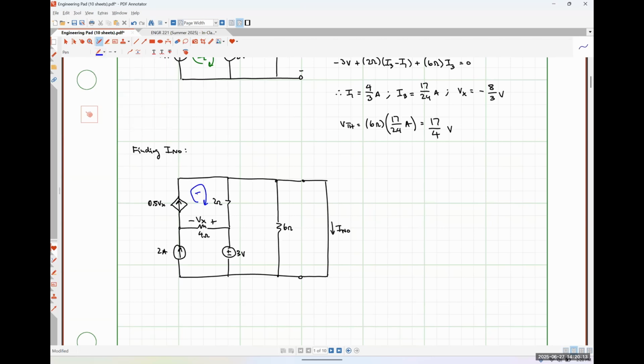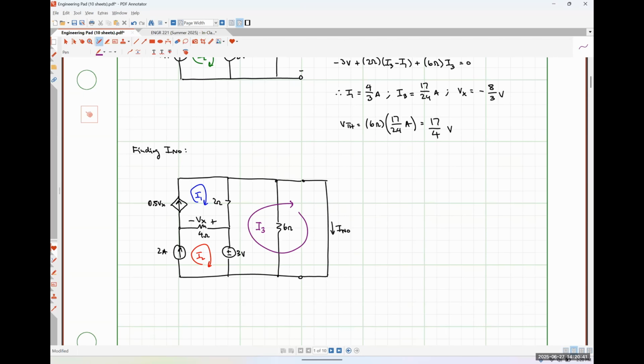So this will be our mesh current I1, I2, and similar to what I did towards the end of class on Wednesday, I'm going to call this guy our mesh current I3, where I am effectively bypassing the 6 ohm resistor because it is directly in parallel with that short circuit that we're measuring the Norton current through.